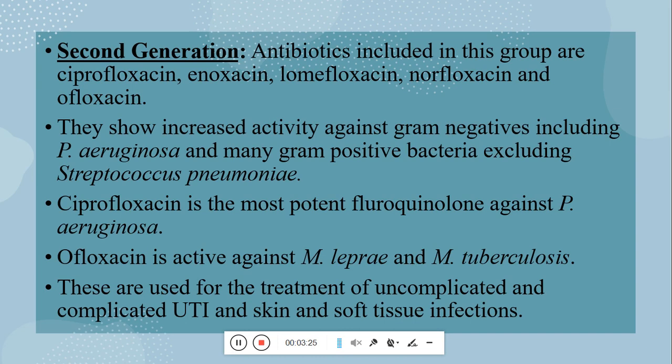Ofloxacin is active against Mycobacterium leprae and Mycobacterium tuberculosis. Other than ofloxacin, drugs like ciprofloxacin, levofloxacin, and sparfloxacin are currently the most commonly used against Mycobacterium tuberculosis, and so fluoroquinolones have come to play a very important role in the treatment of tuberculosis, particularly multi-drug resistant tuberculosis.